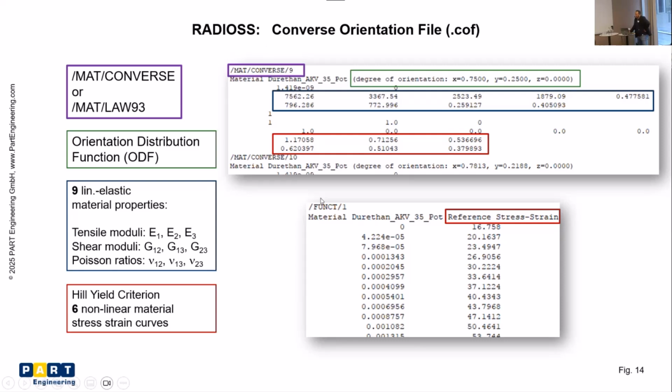And depending on the degree of orientation, of course, you end up with different material properties in that card. Now you have the different stiffnesses listed here, and you have different so-called Hill yield ratios that are crucial for the anisotropic nonlinearity to consider. And then this refers to a reference stress-strain curve and scales it in a way that you get this effect of the different nonlinear material behavior for the different directions.